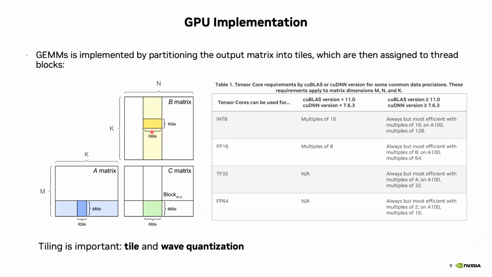It matters a lot what tile size I choose. As Jason talked about before, and I'm going to repeat, tile and wave quantization will matter based on the tile size we choose. Obviously, if my tile size is very large, fewer SMs are going to be able to run it. Of course, it's a ratio with respect to the matrix, but if it's too small, then I will have to do this compute so many times. That's also not optimal.